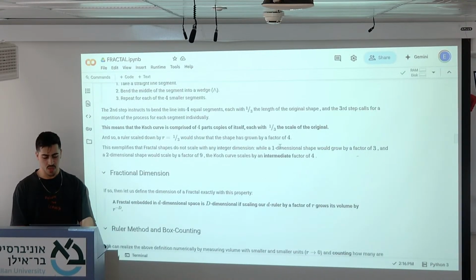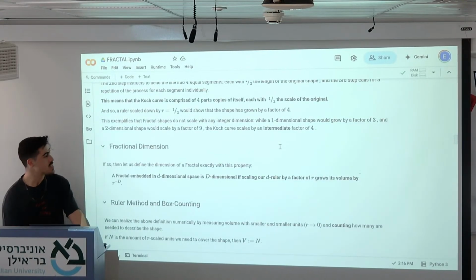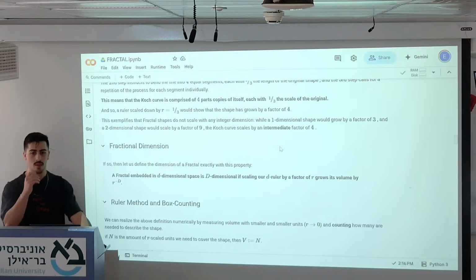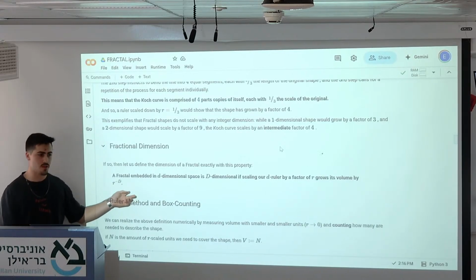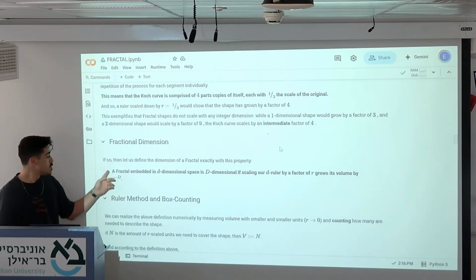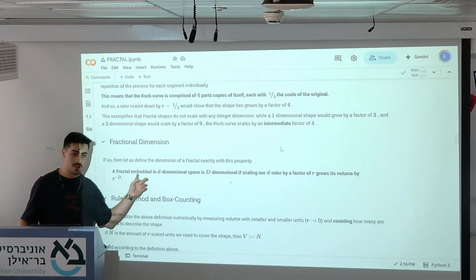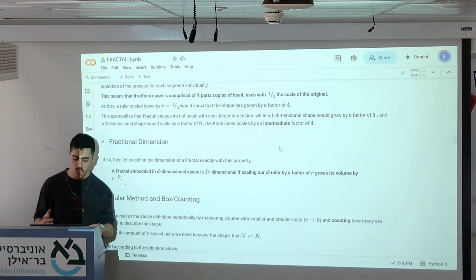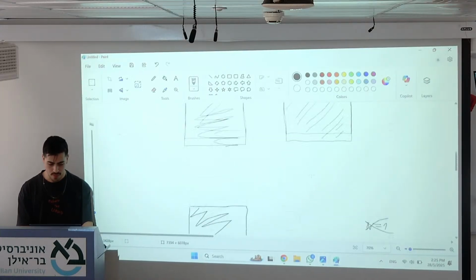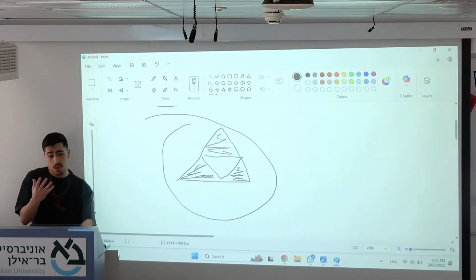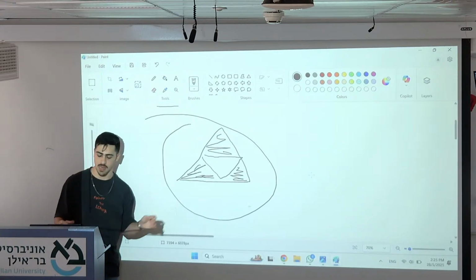All right, so let's try to define what it means for a shape to have some dimension with this property, and not say that it's just a property of integer dimensions. So a fractal embedded in d-dimensional space, which just means that, for example, the Sierpinski triangle, if you remember, is embedded in 2-dimensional space. That's a space it exists in.